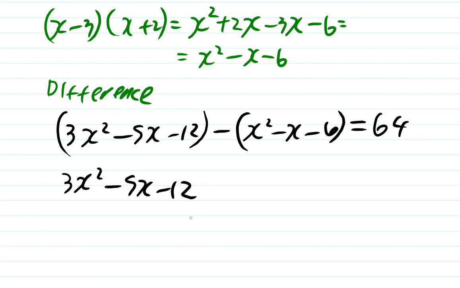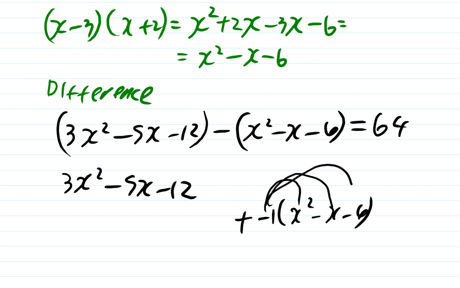When you remove the bracket from the x squared minus x minus 6, each item inside the bracket will have their signs changed, because it's like saying plus negative 1 times x squared minus x minus 6. The negative 1 must multiply each.